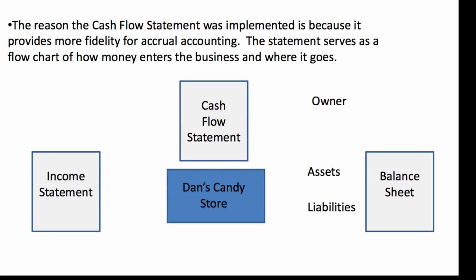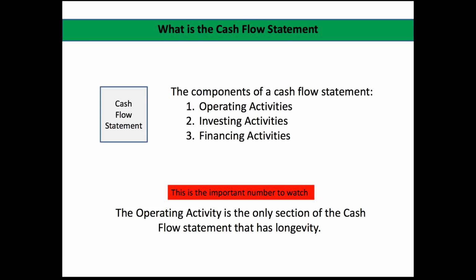So all of these nuances that I'm describing are all captured in this very important document called the cash flow statement. So when we open up a cash flow statement and we look at it, the cash flow statement is broken down into three categories. Okay, the first category is operating activities. The operating activities are all those funds that are flowing into the business.